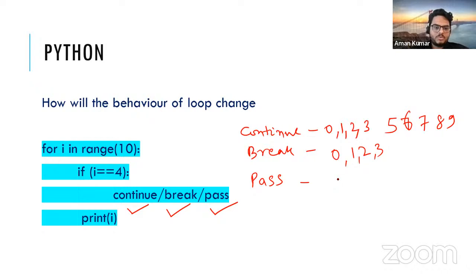And what will pass do? Pass will print 0 to 9, everything.